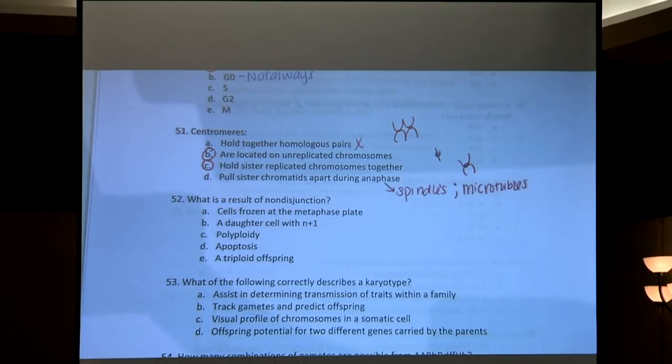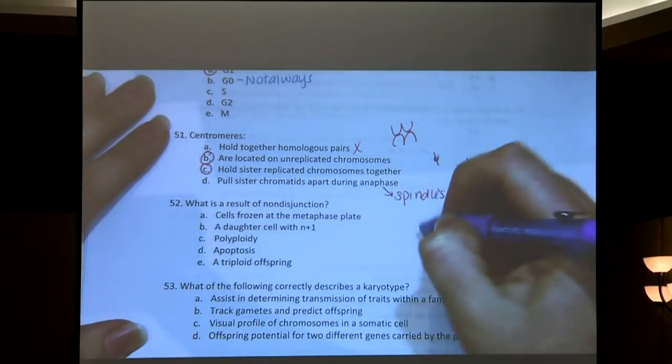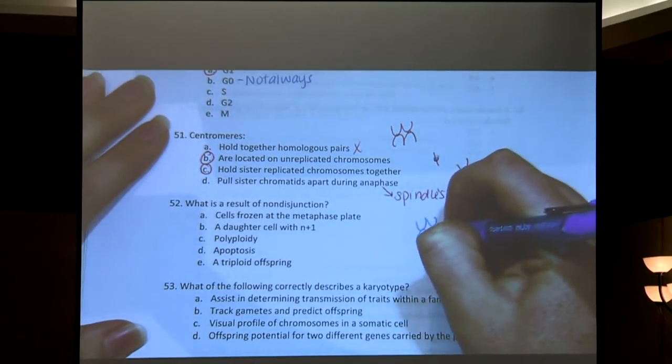All right, so what is the result of non-disjunction? This would be one of the parts in our meiosis 1. All right, remember in meiosis 1, we're going to see these guys being pulled apart.